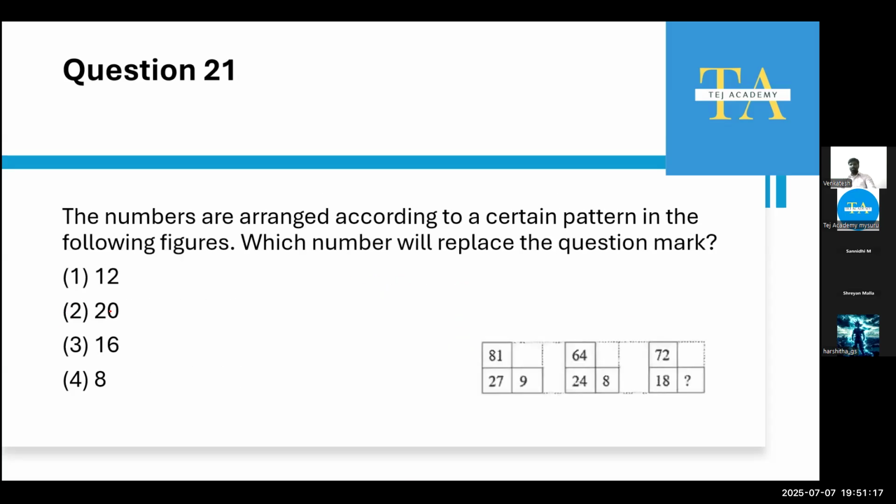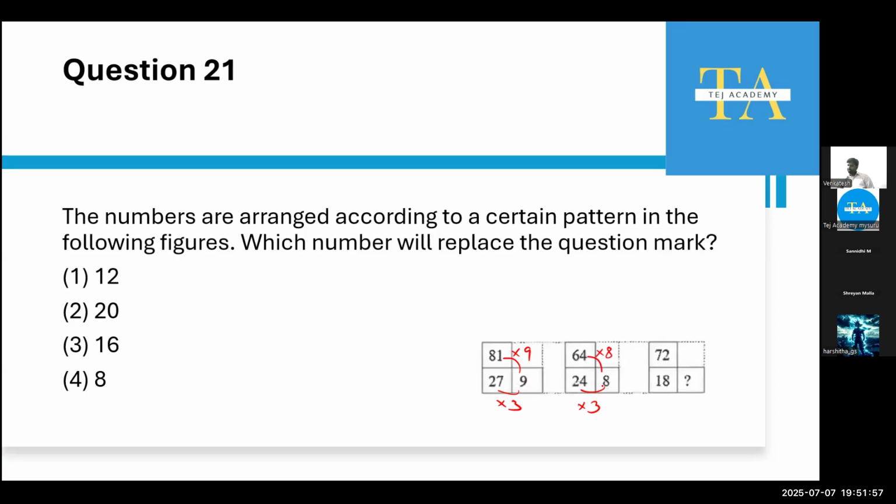Next question, number 21. The numbers are arranged according to a certain pattern in the following figure. Which number will replace the question mark? As you know, 9 times 9 and 27. So 9 times 3. Whatever number you get, the same number we multiply, then we get the number above. Next, 8 times 8, 64, and 8 times 3, 24.